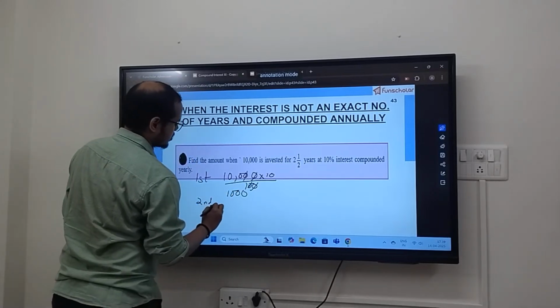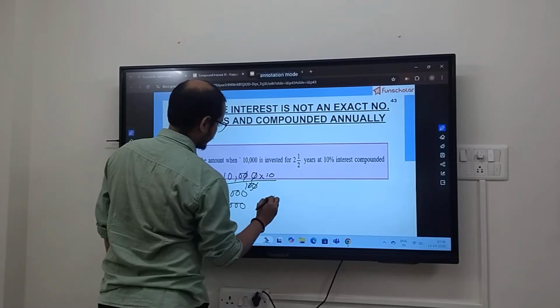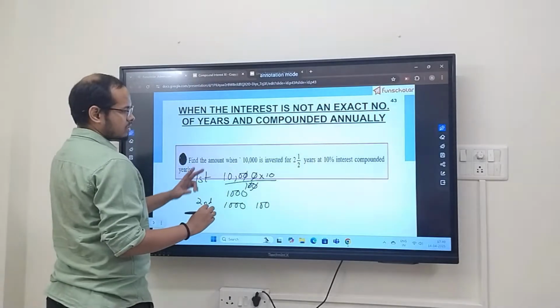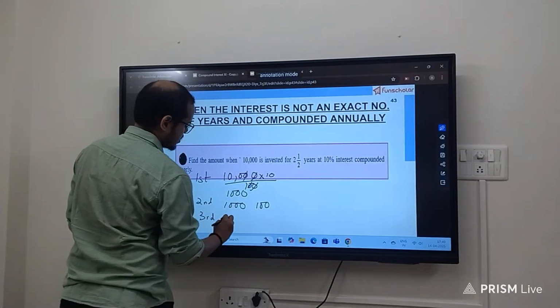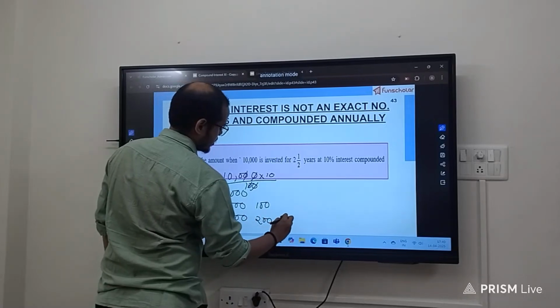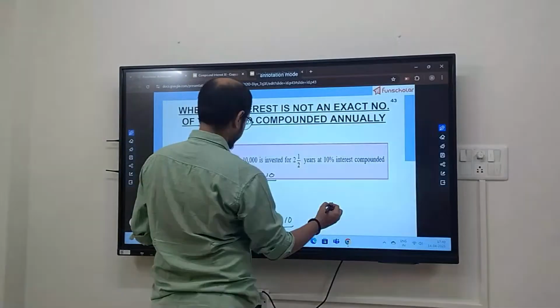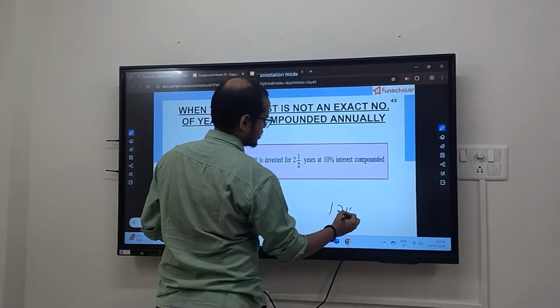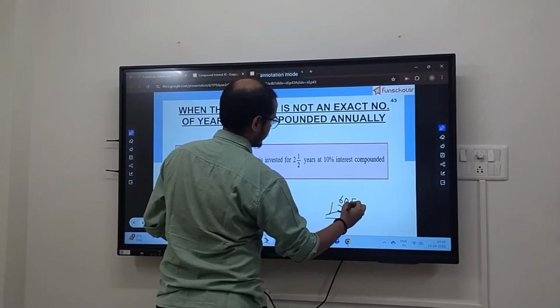Second year is also going to give us 1,000. This is going to give us 100. And now we have half of the last year. So third year is 1,210. So this is going to be half. Okay. So 1210 divided by 2, that is 605.